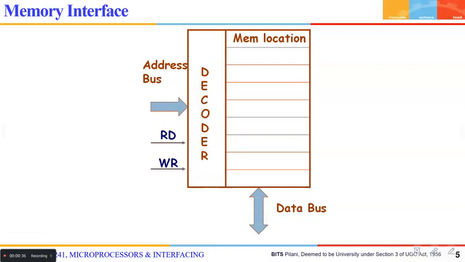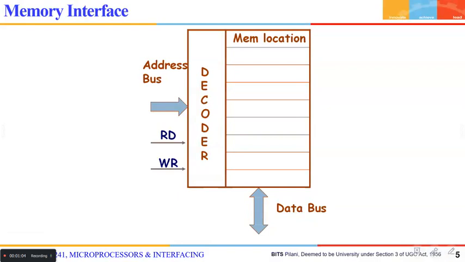Based on the specifications given for your microprocessor interfacing and the requirement, you will interface the memory with the microprocessor. That's what we are doing, even though your microprocessor can handle 1 megabyte of memory. That's why memory interfacing has come. Have you understood this?